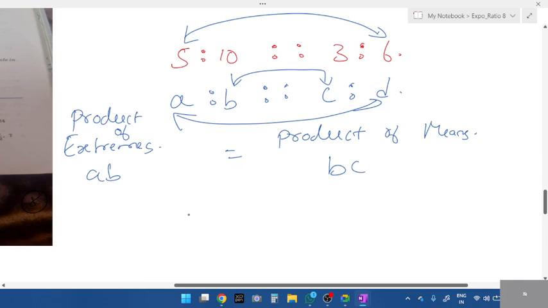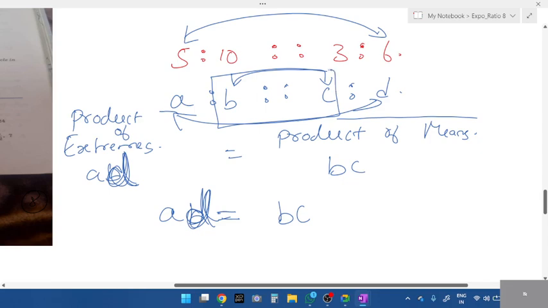They should be equal. So multiply the first and last term. A and B should be equal. Sorry, A and D, not A and B. A and D. Product of extremes. Product of extremes should be equal to what? Product of means. This is the formula. Mean is the middle value. These two. All of you make a note of the formula, right?